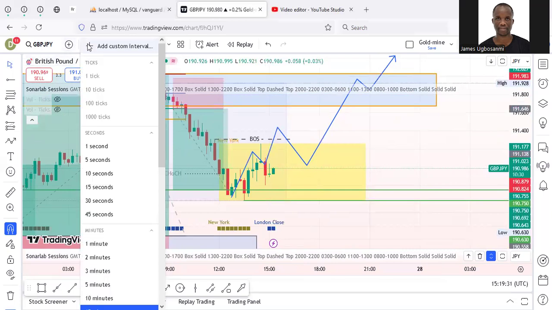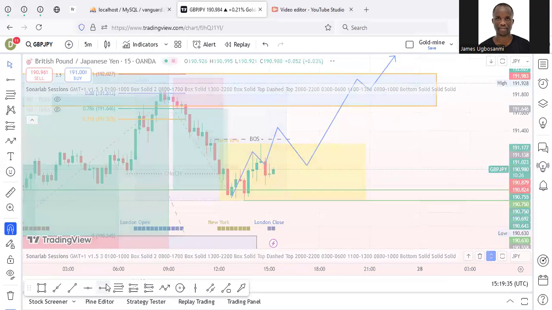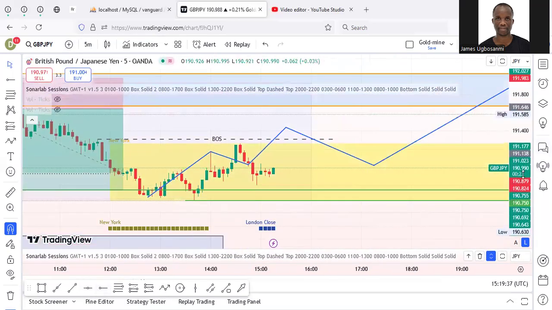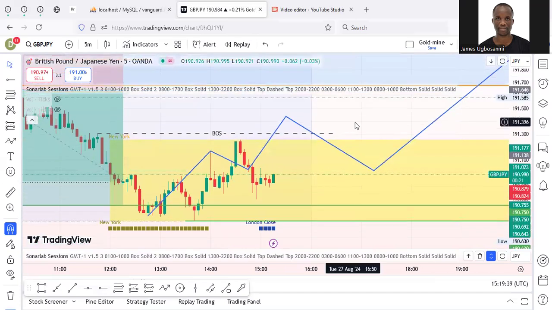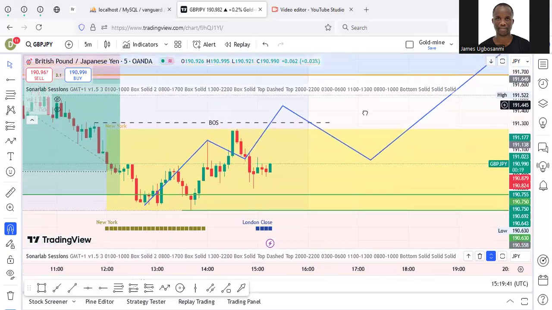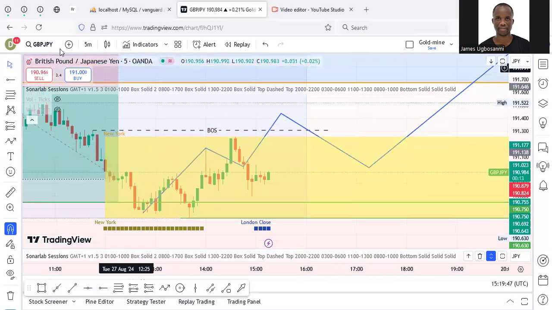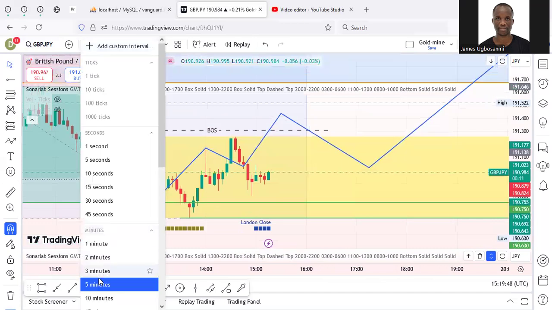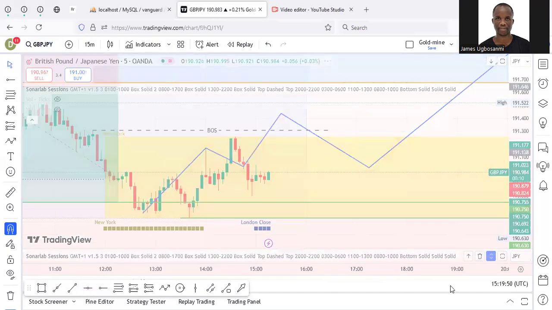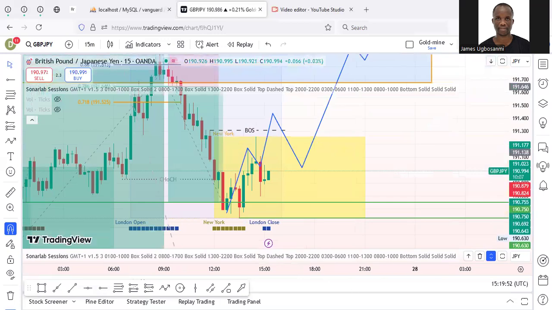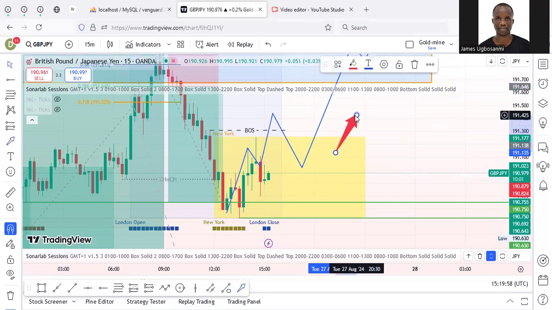Okay. Now, if I want to take my position, like my entry, I'll go to the 5 minutes time frame. I want to ensure that the 5 minutes time frame aligns perfectly with what I want to see in the 15 minutes time frame. Okay, let me go to 15, back to 15. I'll come back to the 5 minute time frame. I'm looking for a buy up.